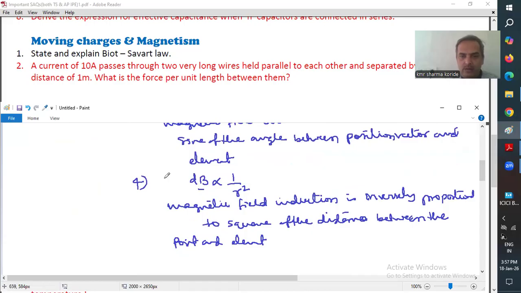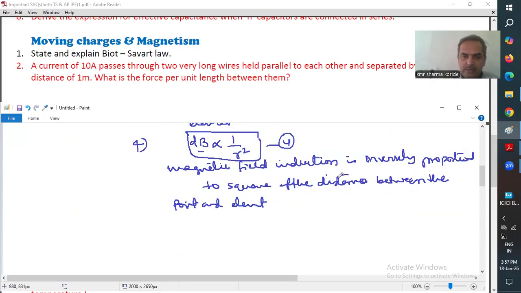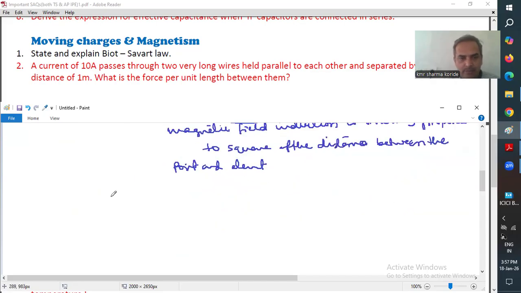So collecting all these four, you can write that dB is directly proportional to I dl sin theta, inversely proportional to the square of the distance.